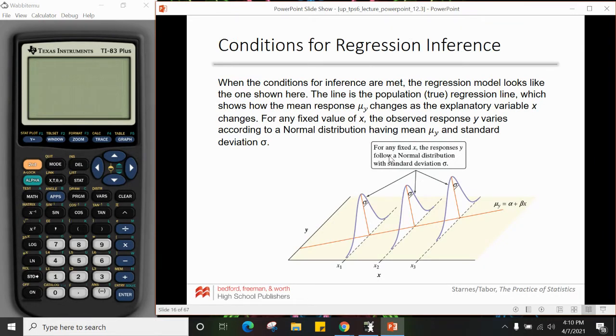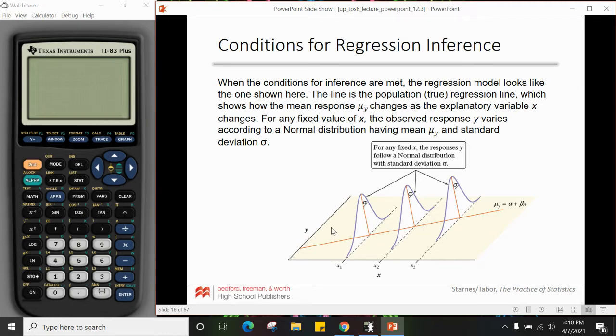So when the conditions for inference are met, the regression model looks like the one shown here. That red line right here is the population regression line, which shows how the mean response mu y changes as the explanatory variable x changes.